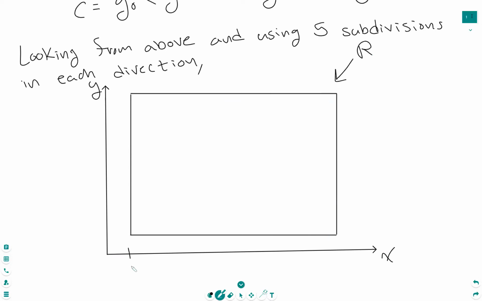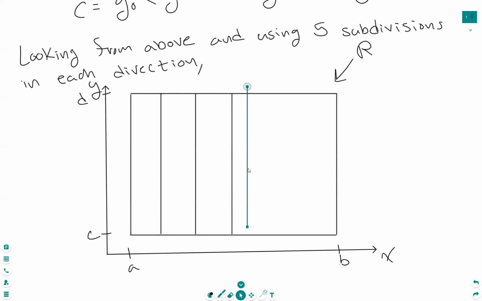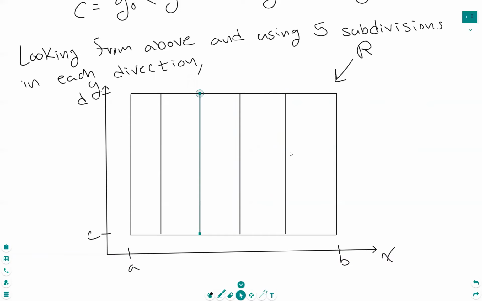So let's see if we can do a nice little graphical job of this. Maybe something like, not quite even, huh? They don't necessarily need to be even, but something like that.